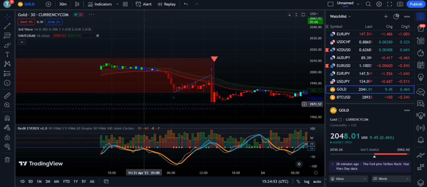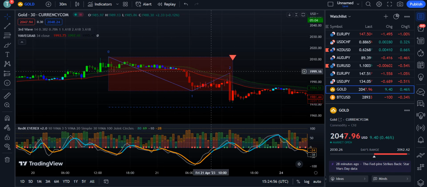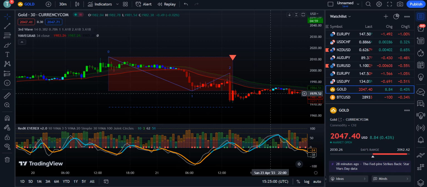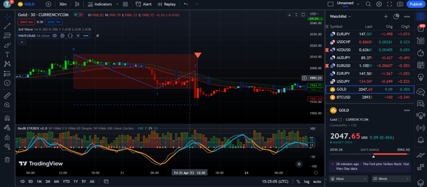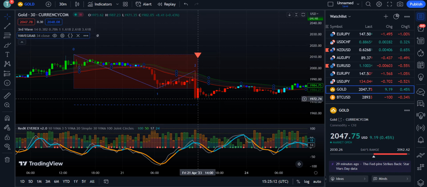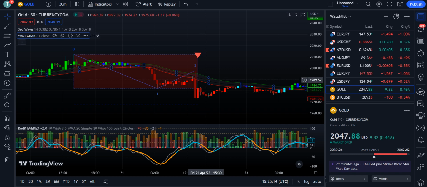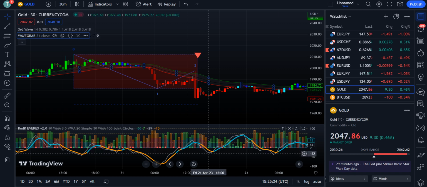Okay, so let's suppose this is the signal that I want to show you, when to take a long trade and when to take a short trade. Here this is an example of a short trade. First of all, your Third Wave indicator has to give you a sell signal, right? The second thing you have to look at is that your market should be below these two EMAs. The third thing is that these two Red K Forex lines should be below this baseline, that is the zero level line.